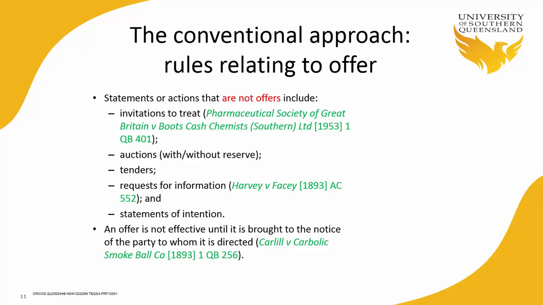So this is what you need to be very clear about. If someone is making an offer to you, the supplier, you want to make sure that all the details are there in order for this to be an offer that will be upheld in court if you eventually need to be involved in any court proceedings.